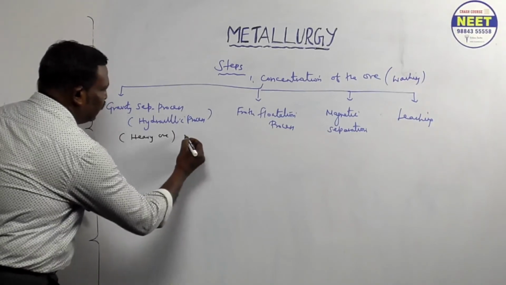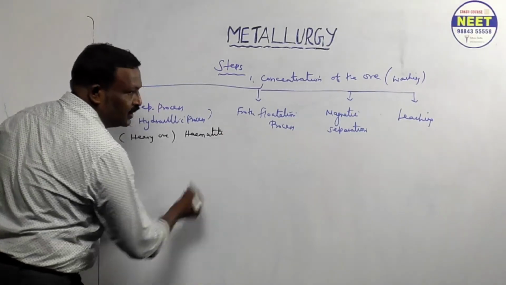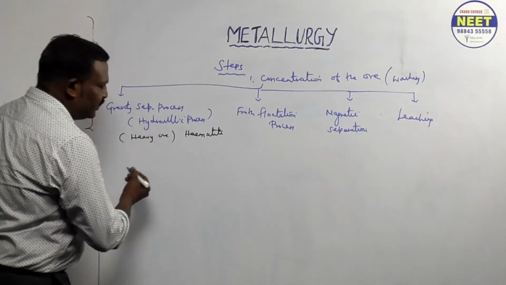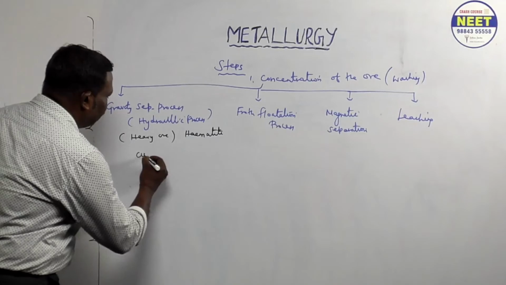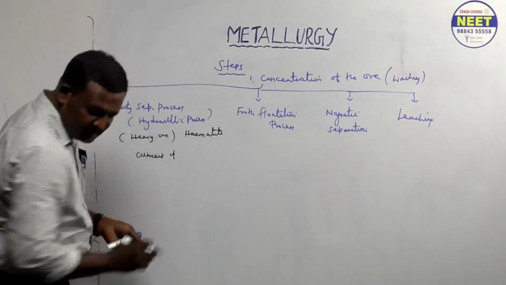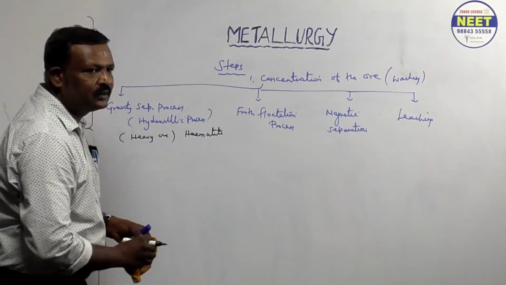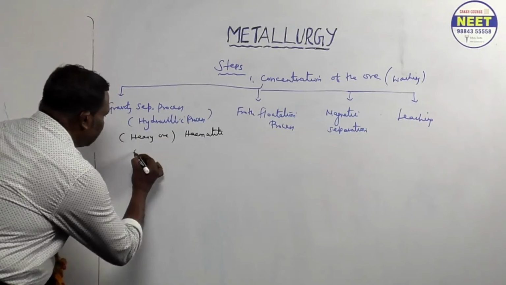Iron ore mostly can be washed by this method, just using current of water. That's what current of water means: we are passing water with high force.